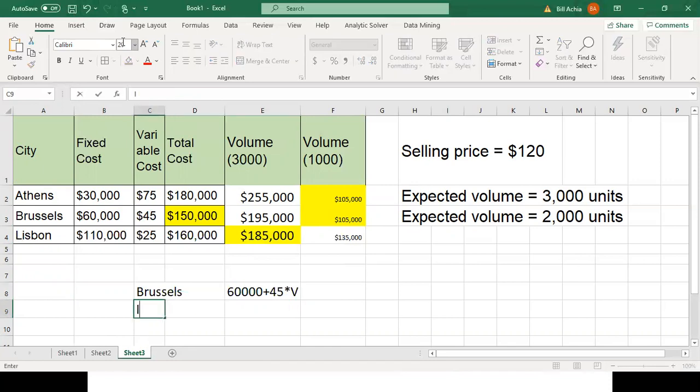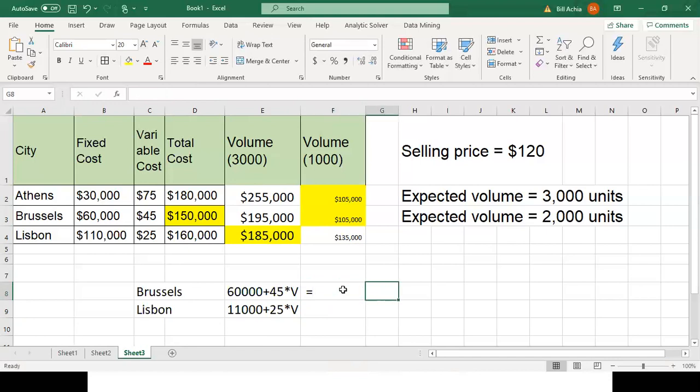So we have Brussels, and the same applies for Lisbon. There's some point where the fixed cost of 110,000 plus 25 multiplied by whatever that volume is, these two values are going to be equal at some value of V. So now we have to figure out what this value of V is, and you do your basic math to determine that.